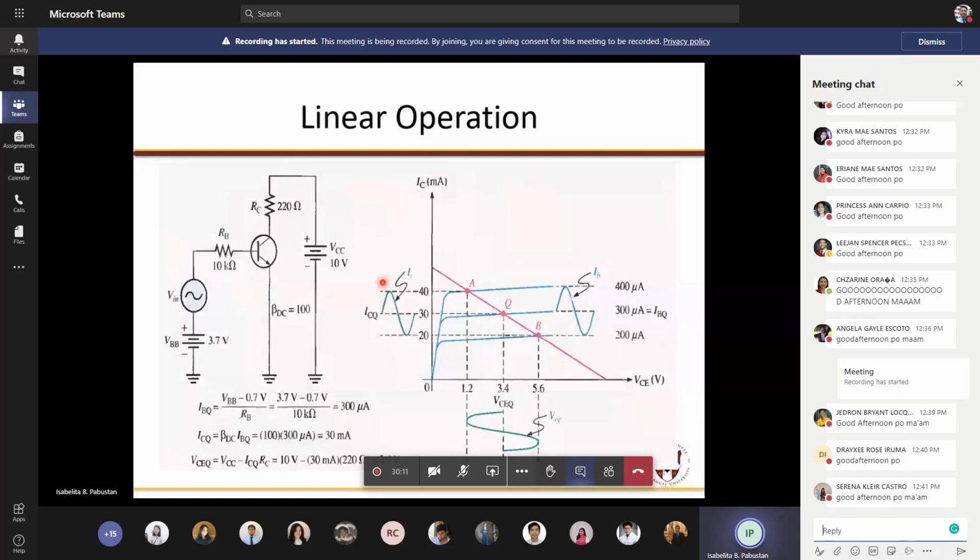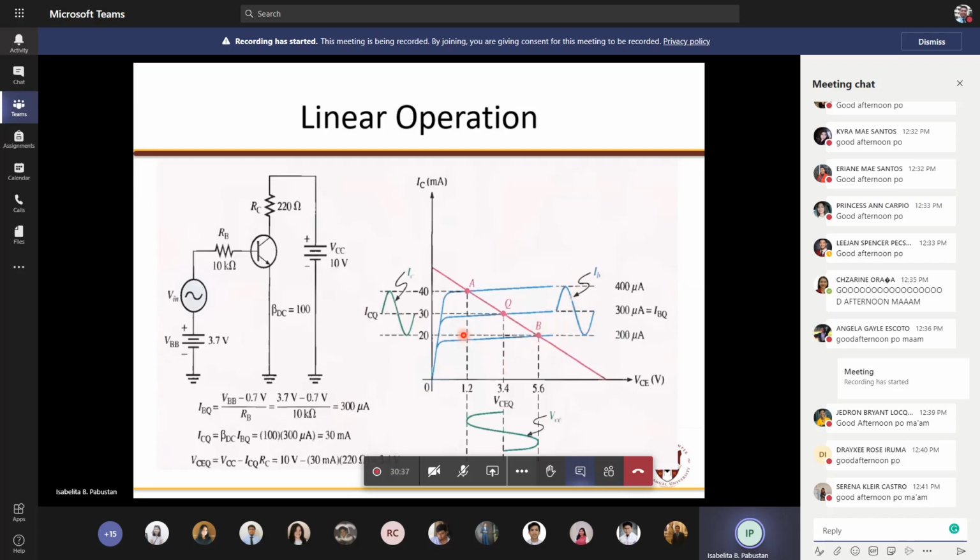Okay? Ipo-project nyo lang na ganyan. And then you draw the load line. Okay? Ito naman, you simply extend your drawing for the IB. Okay? So, that will be the characteristic.